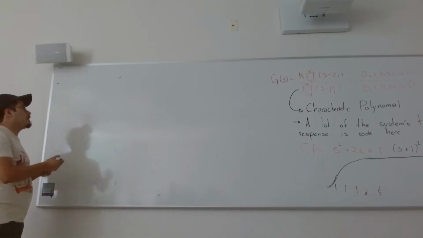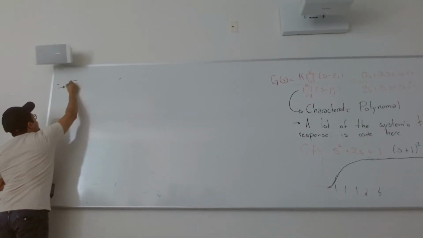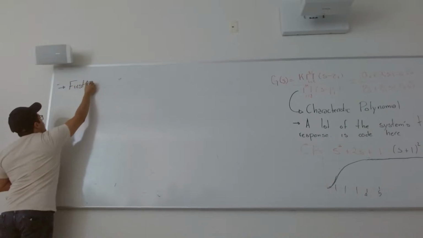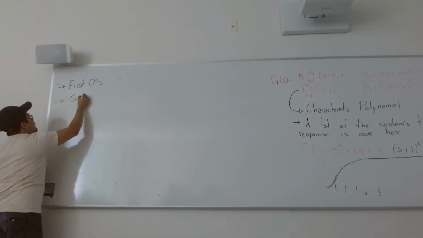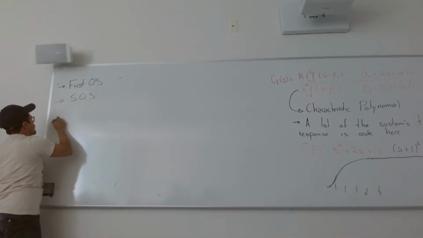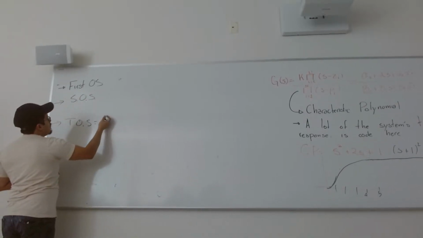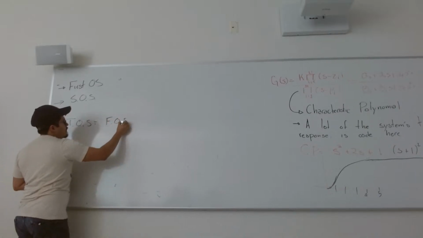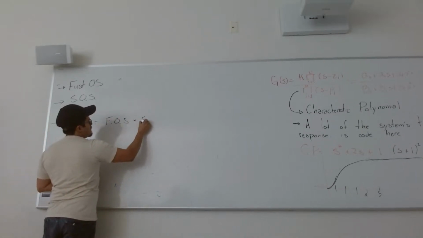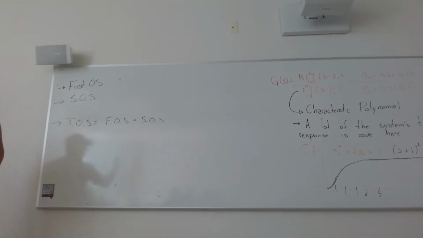Okay? So I only want to understand first order systems and second order systems. A third order system would be a first order system multiplying a second order system, and so on. A fourth order system can be four first orders or two second orders.